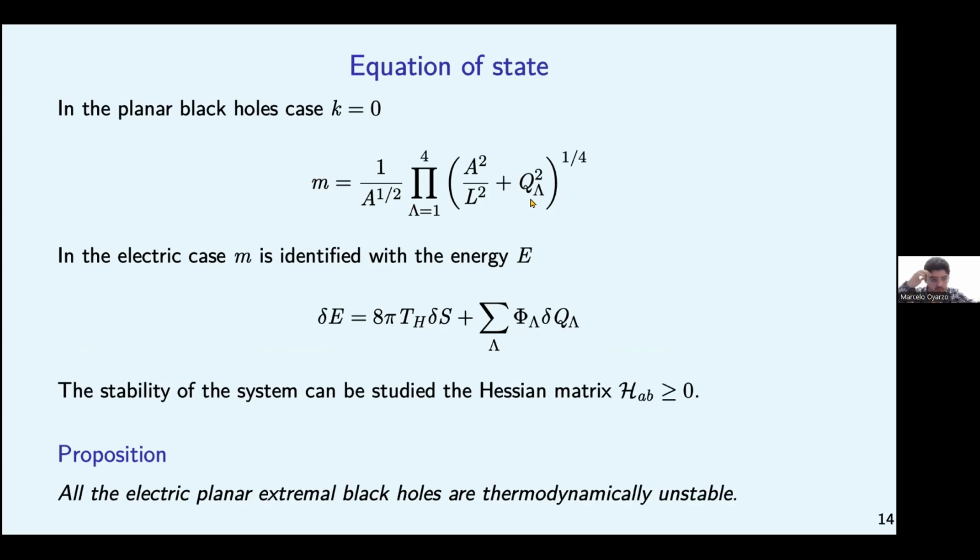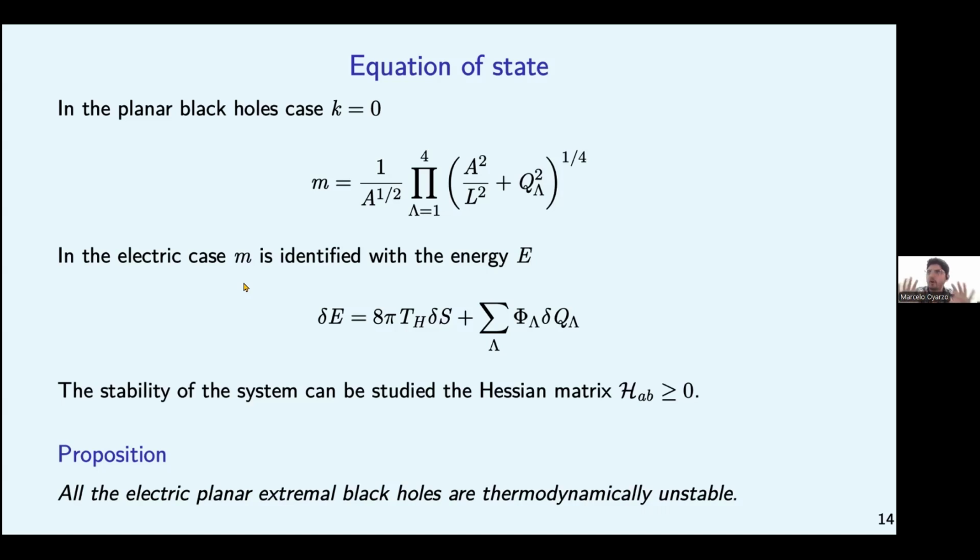There are 4 of them. And this is nice because in this case it happens that the small m is the energy of the configuration. Therefore, you can compute the derivative of the energy with respect to the entropy and the charges, and you will reconstruct the first law.